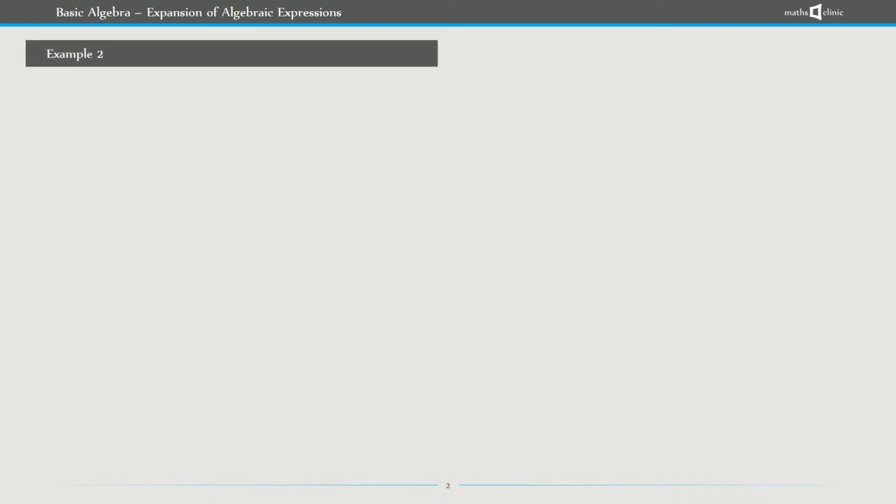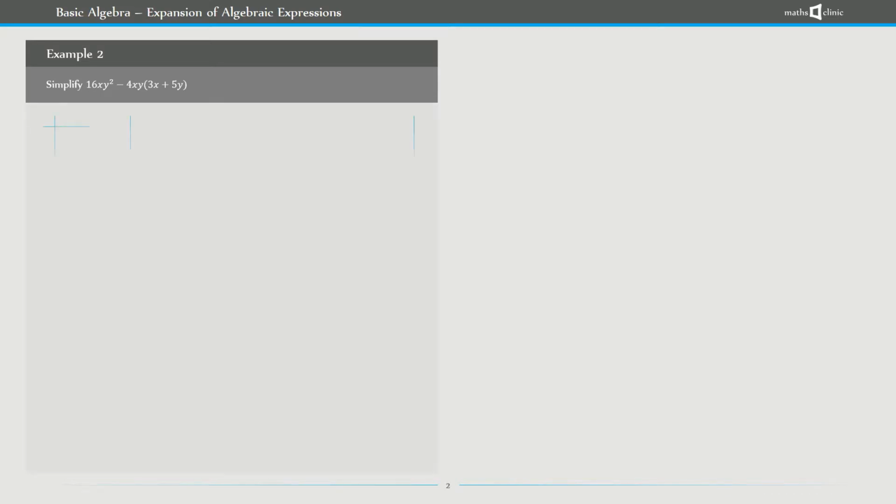Now, example 2. Example 2 says simplify 16xy squared minus 4xy multiplying 3x plus 5y. So it's getting a bit more complicated, but it's still the same idea. We're going to go ahead and solve that.